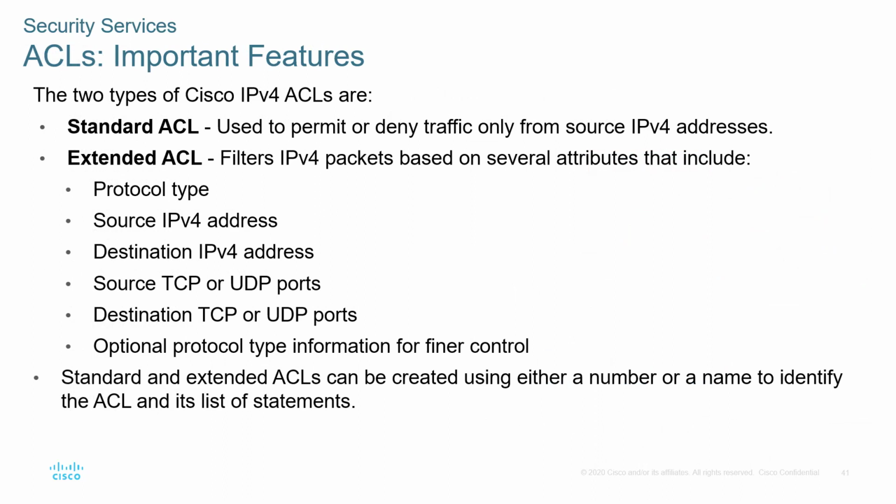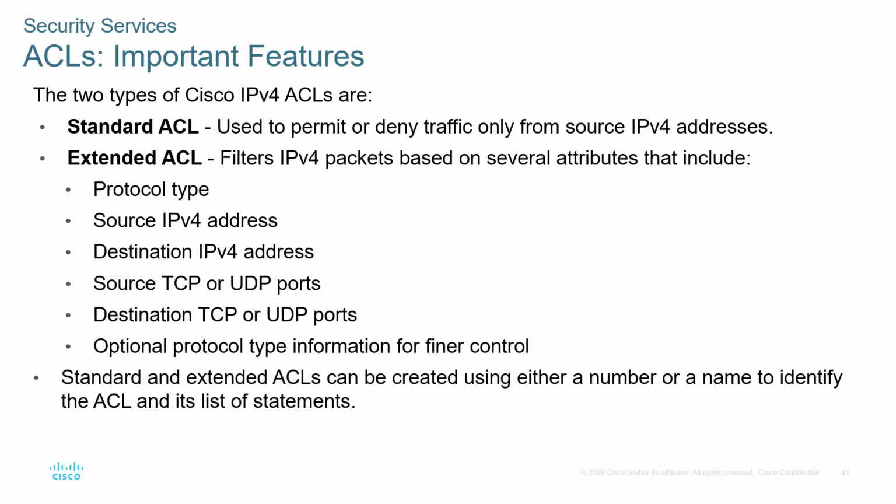ACLs have a very specific set of features based off of if they are a standard ACL or an extended ACL. A standard ACL only permits or denies traffic from the source. An extended ACL has different types of attributes. With an extended ACL, you can filter off of source or destination address. You can filter off of protocol.